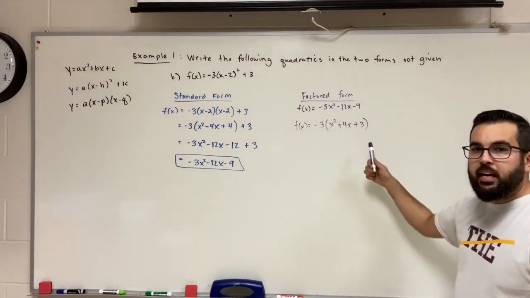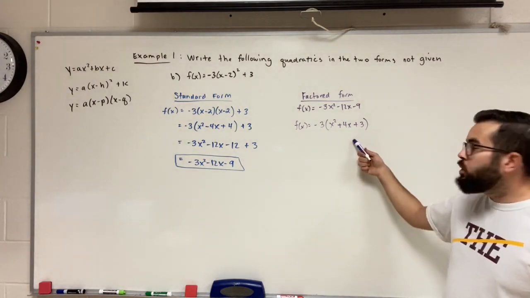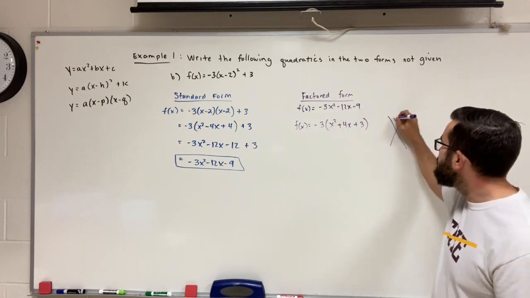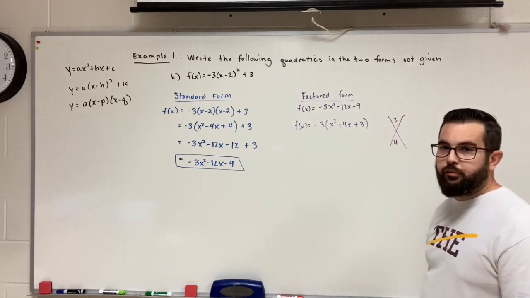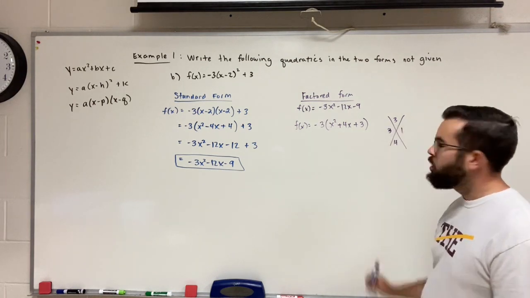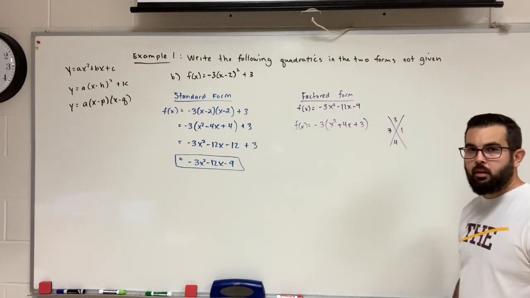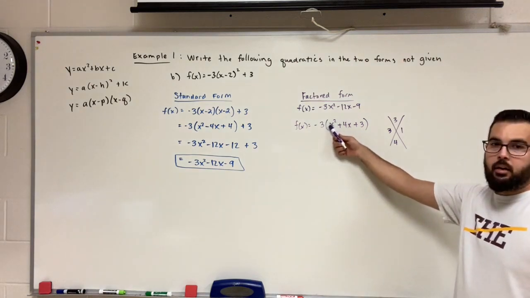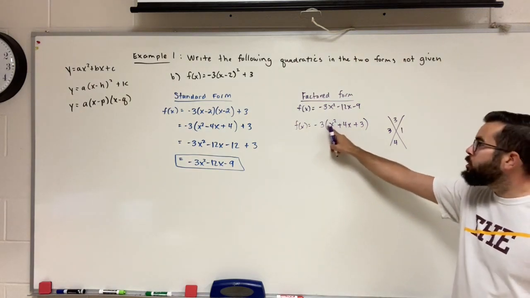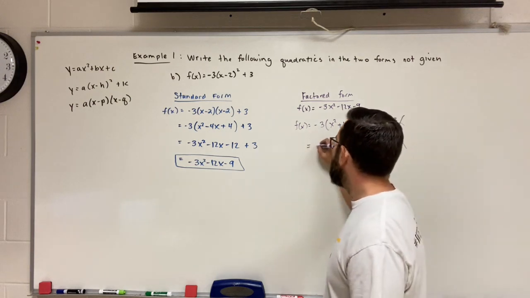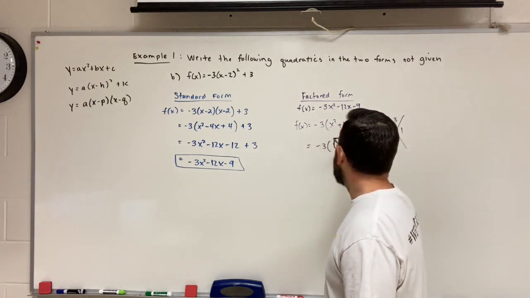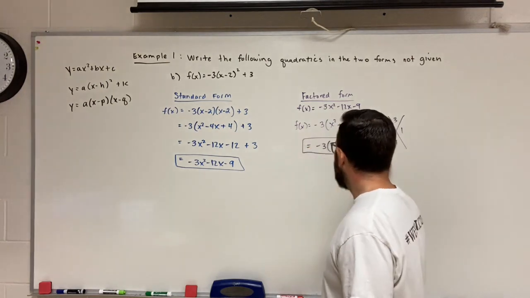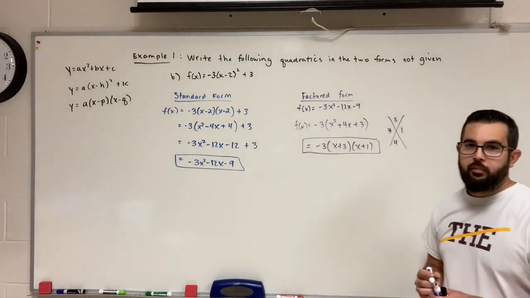Now I'm going to factor what's inside of the parentheses. A times C is 3, adding to 4, so 3 and 1 are those two numbers. And again, I'm going to use the shortcut here because I have a 1 in front of my x squared. So I have negative 3 times x plus 3 times x plus 1. And now we're in factored form.